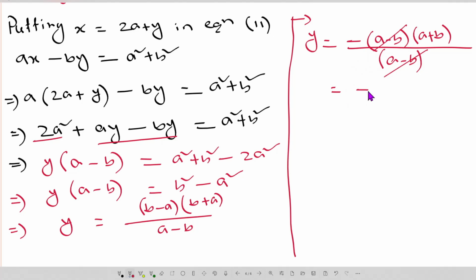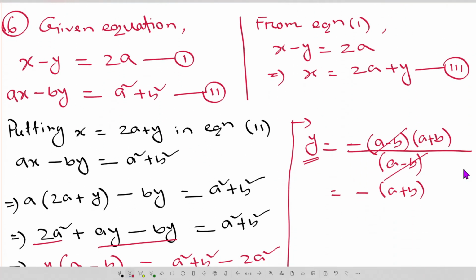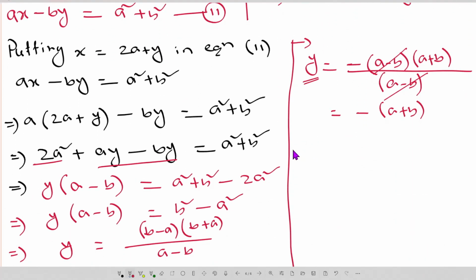So here is minus a plus b, which is y. Now this y equals minus a plus b, we can put in equation 3.